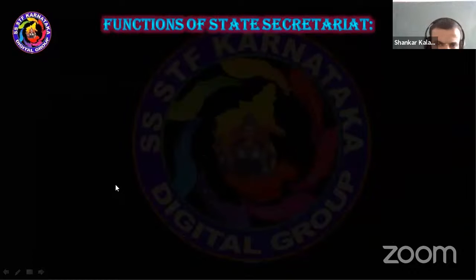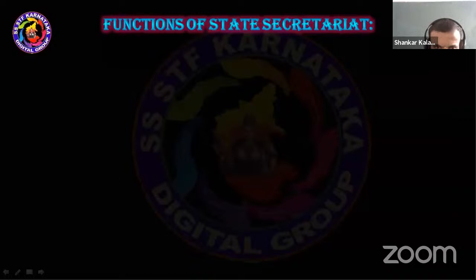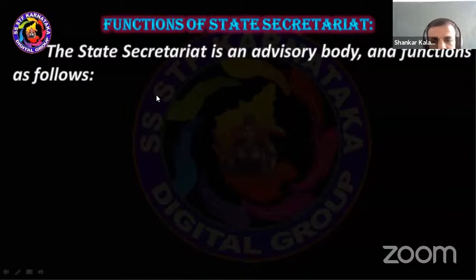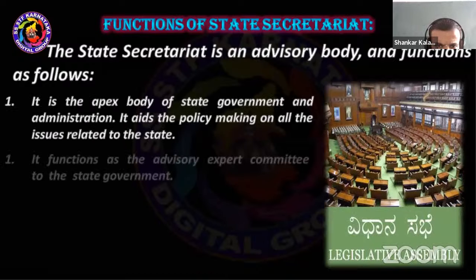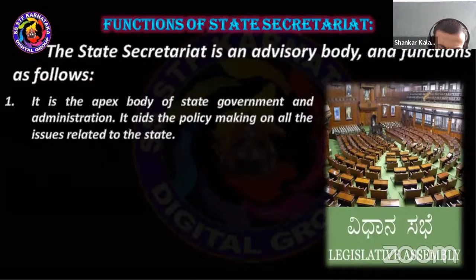Functions of the state secretariat. The state secretariat is an advisory body and functions as follows. It works as an advisory body to the ministers. It helps to carry on all activities of the ministers of the particular department. With the help of the state secretariat, ministers will be able to handle all activities of their department. It is the apex body of the state government and administration.